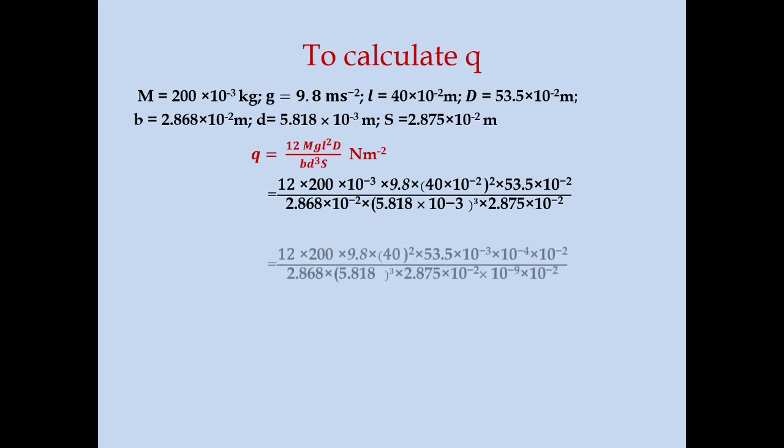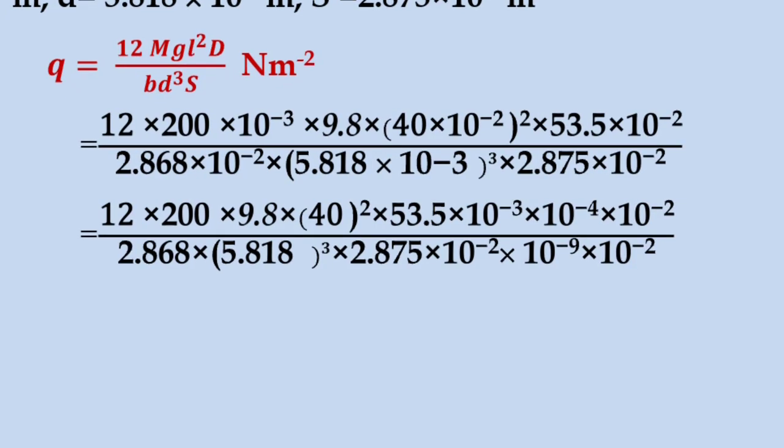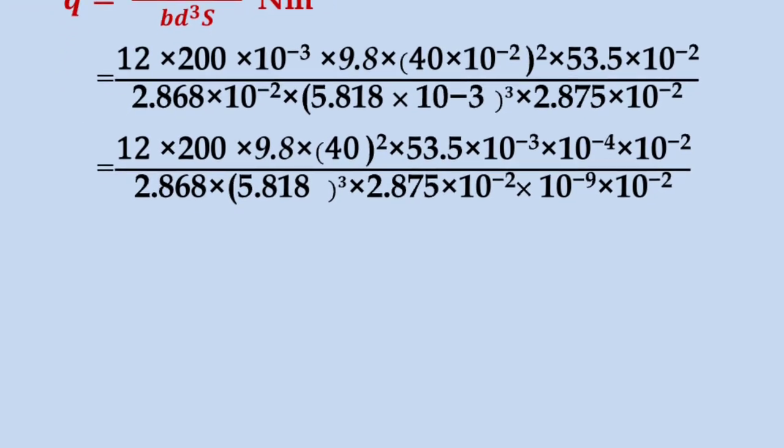So in the next step, let us separate all the powers and the numbers. Separating all the powers and numbers, we get 12 into 200 into 9.8 into 40 square into 53.5. This 10 power minus 3 comes from M, 10 power minus 4 comes from squaring the length, and from D we have 10 power minus 2.